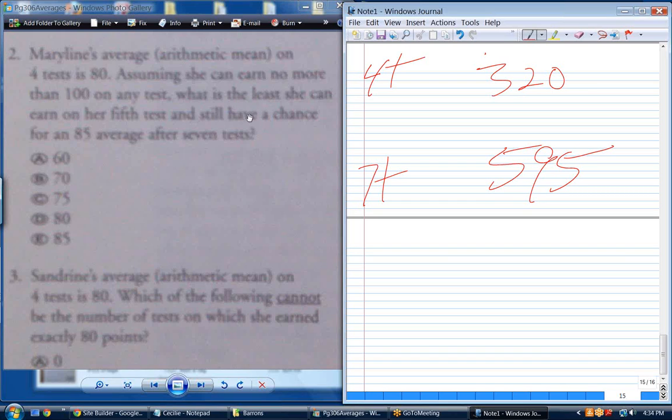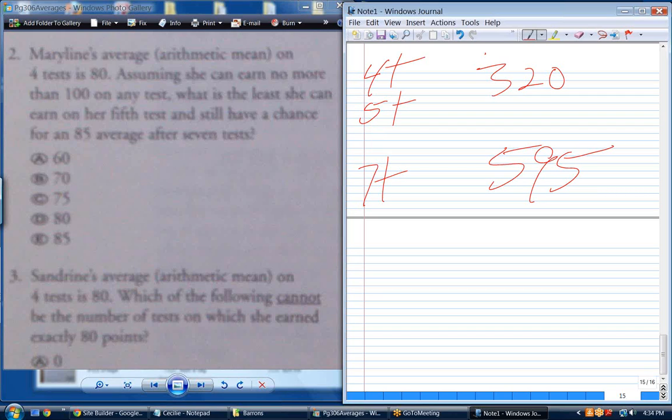You see what I'm saying? In other words, we're looking at a 5th test. What's the minimum she can get on that 5th test? Well, she would have to get 60. It's not 60 because if you take 60 off of 275, you get 215, and she can only get a top of 100.